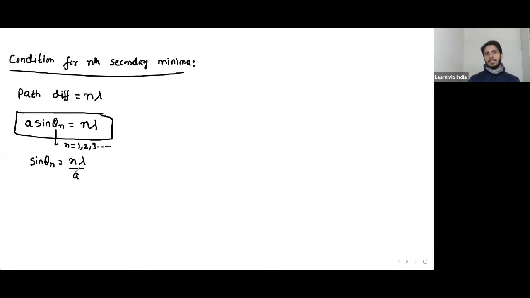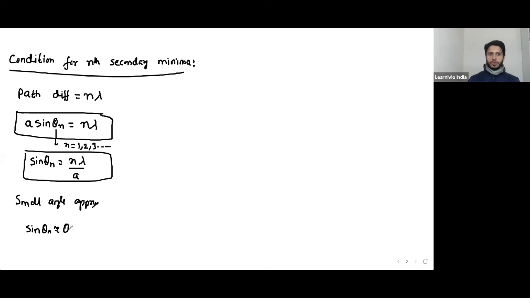So sine theta n is n lambda by a. If I use small angle approximation, then I can write sine theta n is almost equal to theta n, which is equal to n lambda by a. If angle is small, then I can use this approximation. Next thing.